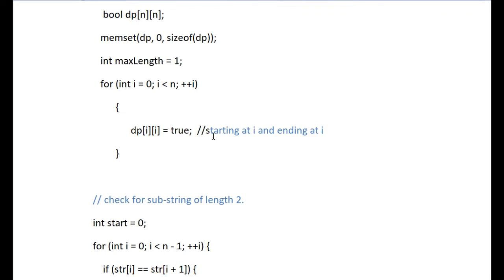It means we are verifying each letter, and it's obvious that each letter is a palindrome. So all the elements dp of I I are true, because each letter is always a palindrome.